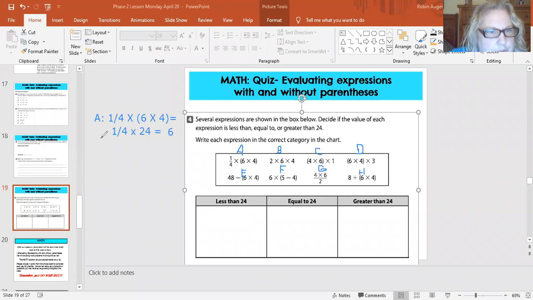All right, so we have 1/4 times, any number over 1 is that number. So we start out with 24, equals. Now we have to turn that 24 into a fraction. 1/4 times 24 over 1 equals.